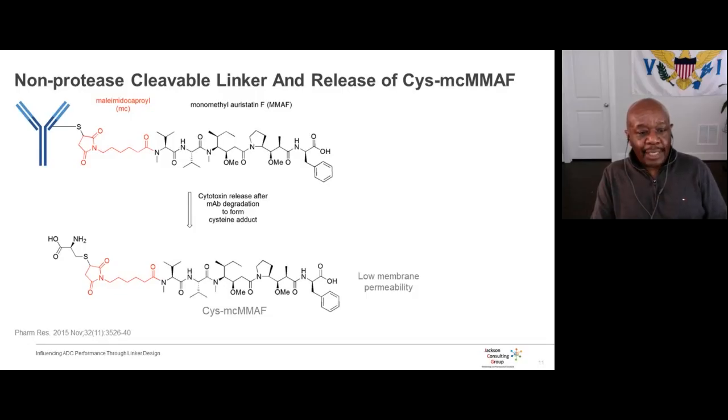And the way this payload is actually released, this is the active payload here, this cys-MC-MMAF, is that it needs antibody degradation in the lysosomal compartment, which leaves you just with the cysteine conjugated to the MC, the maleimide linker, and the active moiety, which is MMAF. This molecule has low membrane permeability, which means once it gets inside the tumor cell, it stays inside the tumor cell. So you're not going to get bystander activity with this type of linker payload system.